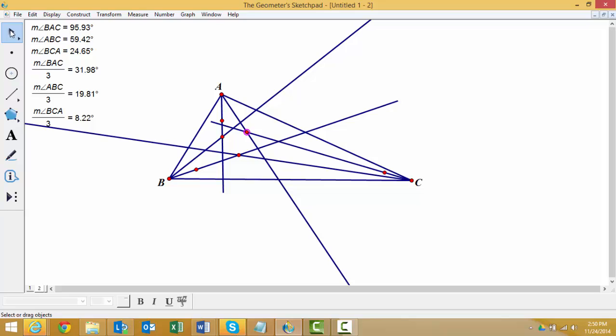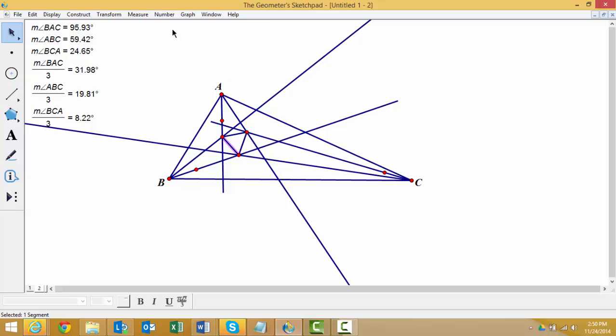So now I just want to connect. I'm going to take the segment tool, connect these intersections. Connect this and that, and then connect again this and that. Like that, okay?